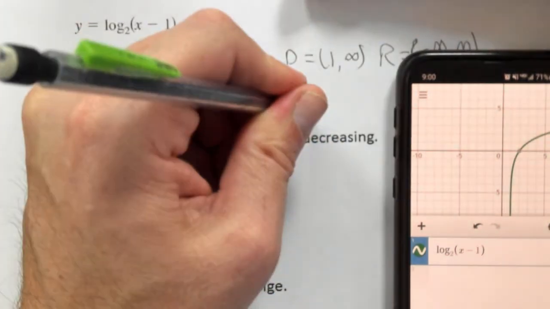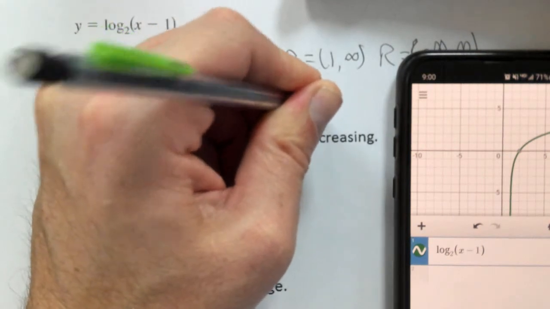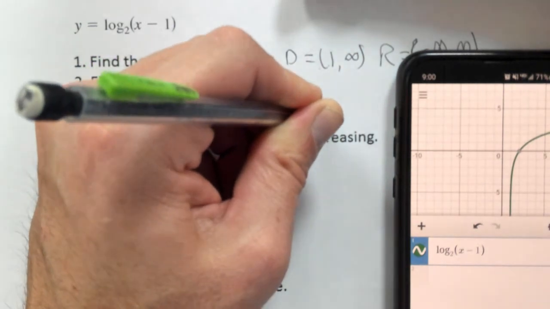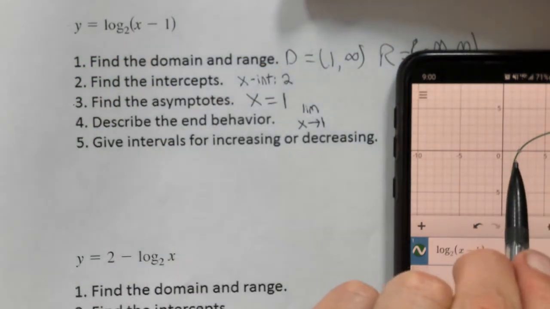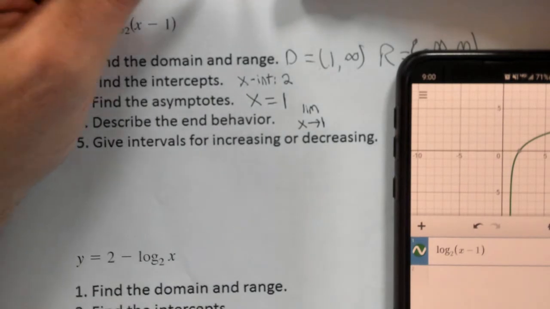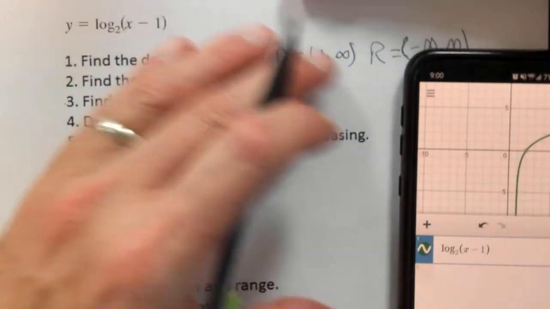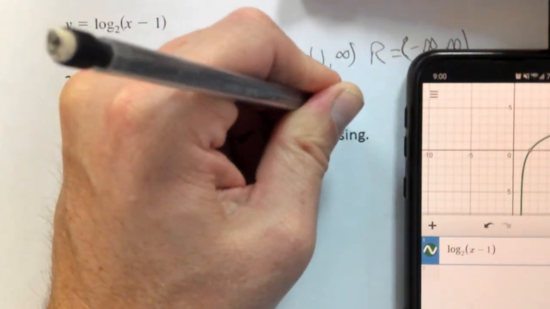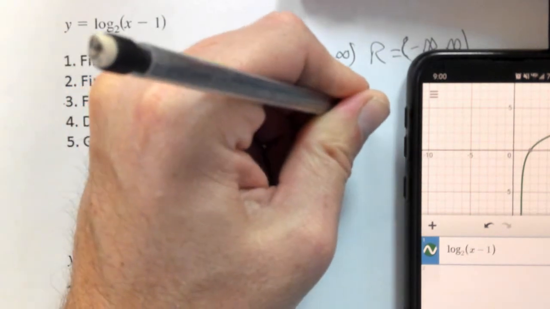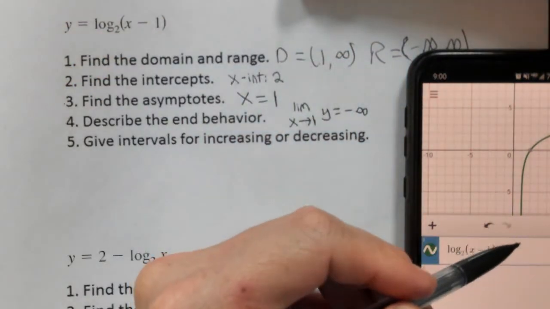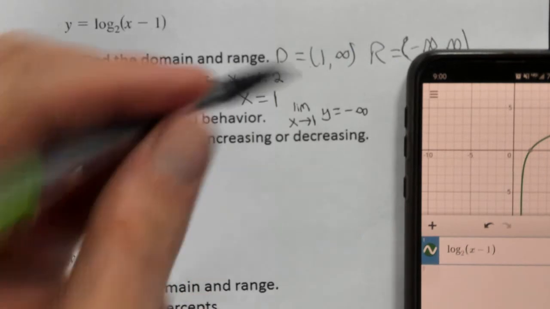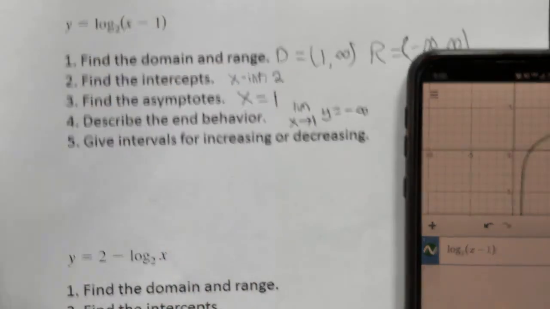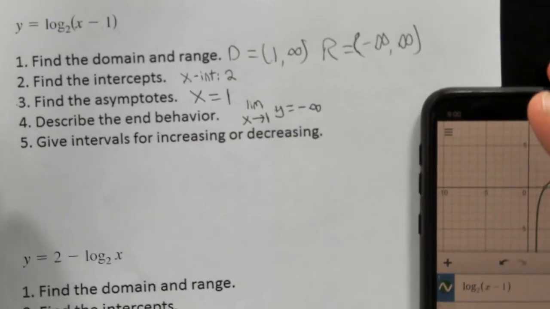And so the limit, okay, on the left-hand side of this graph, as x approaches 1, the limit of the function is going to be y equals negative infinity. All right, so it's decreasing without bound as x approaches 1. So again, the limit of y as x approaches 1 is negative infinity. Okay, so that is the left-hand end behavior.